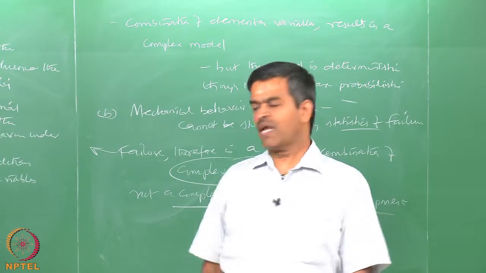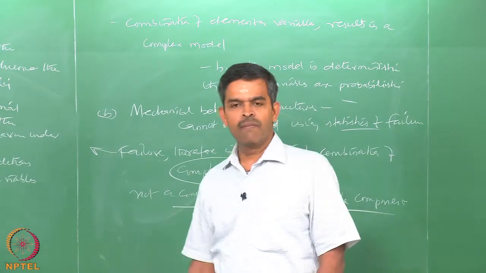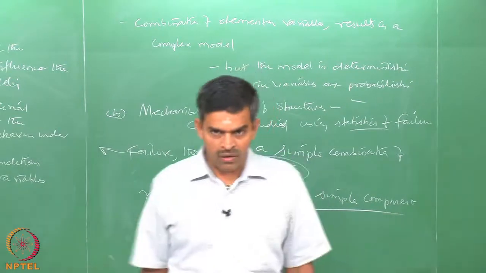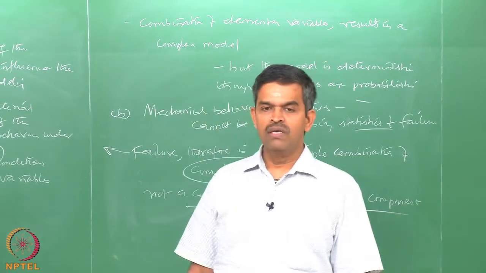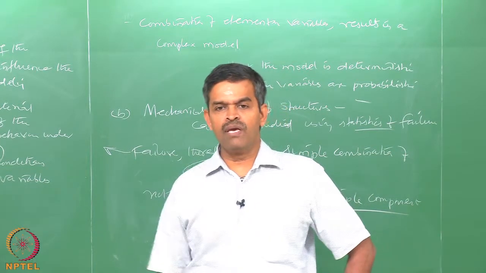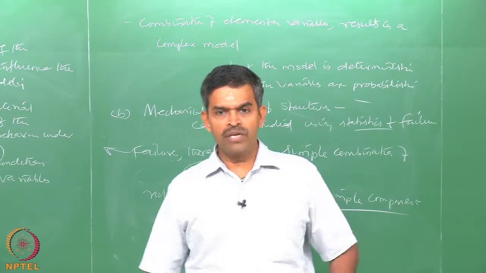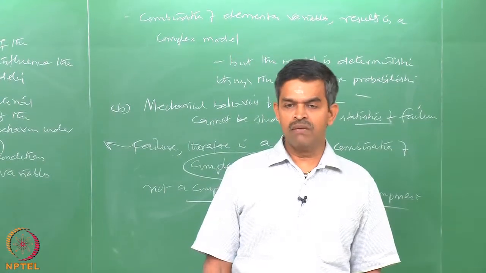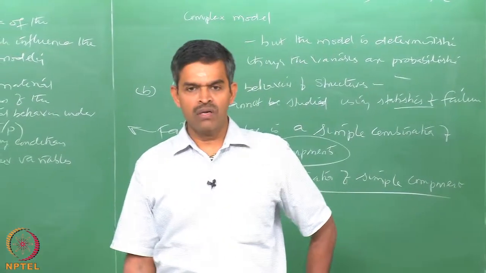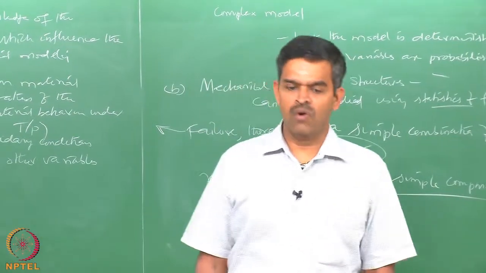So, in the next lecture we will again extend this understanding by identifying the players or the components or the factors involved in structural reliability theory, and how each one of them can be looked into in more detailed manner. We will see them in the consecutive lectures in module 2, which is focusing on structural reliability theory as a whole. Thank you.